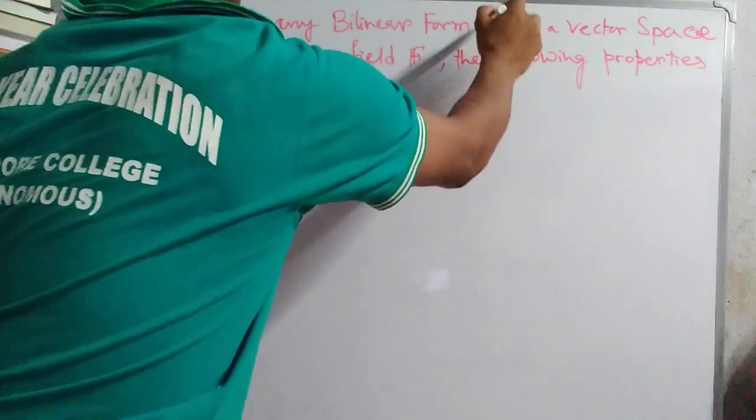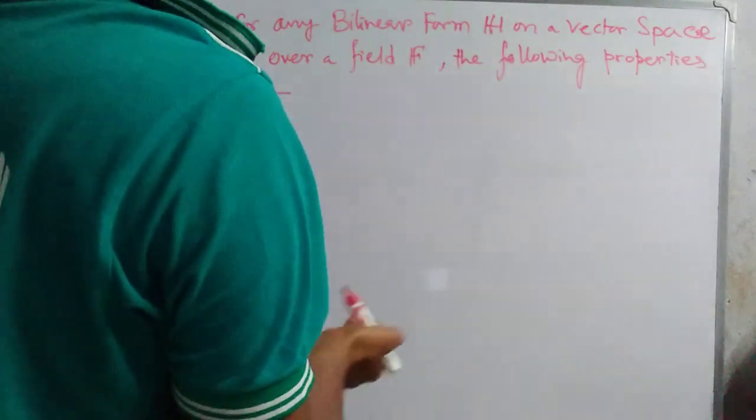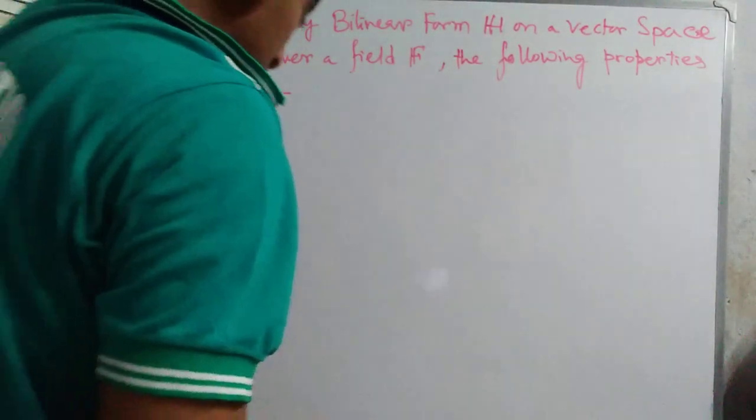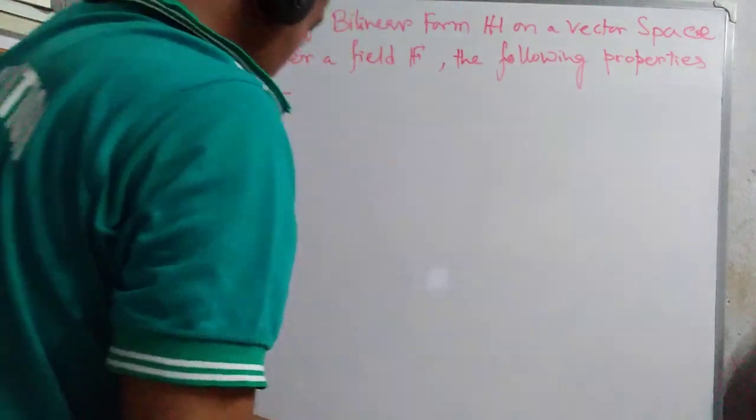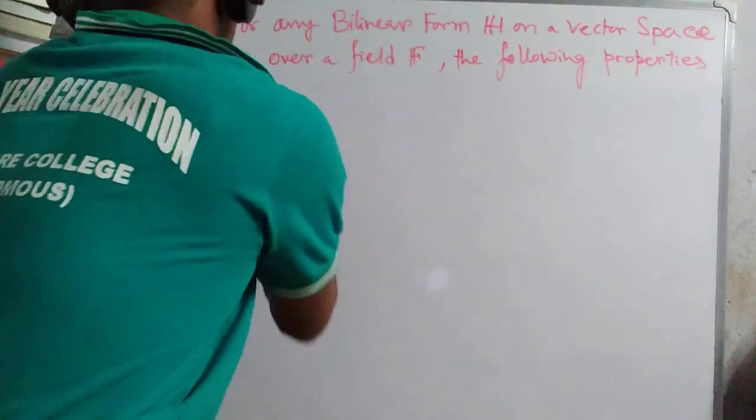For any bilinear form H on a vector space V over a field F, the following properties hold. Understood? First one, we mark it 1.